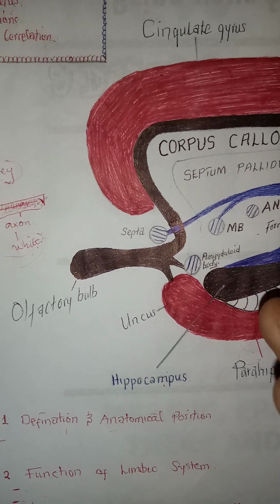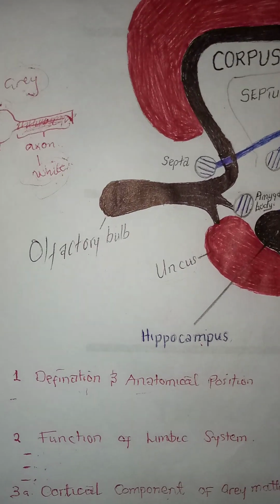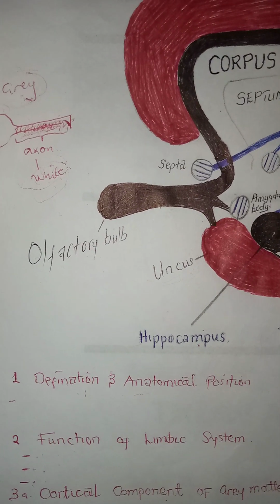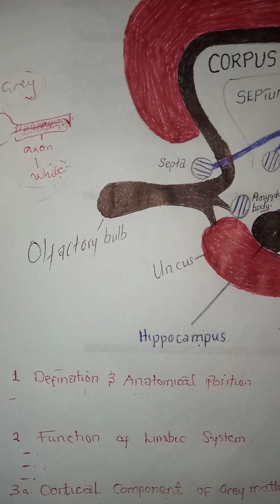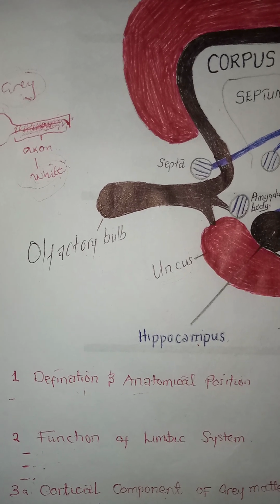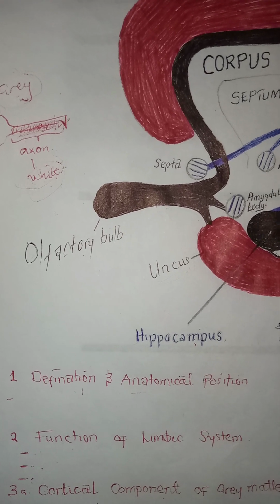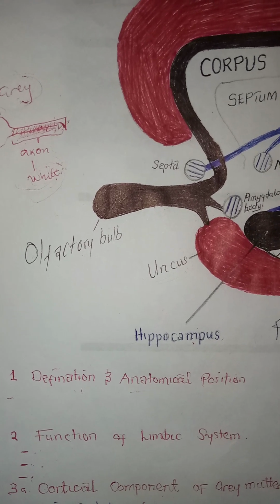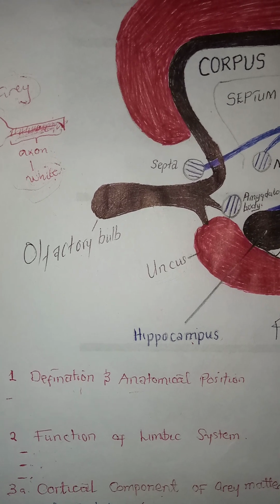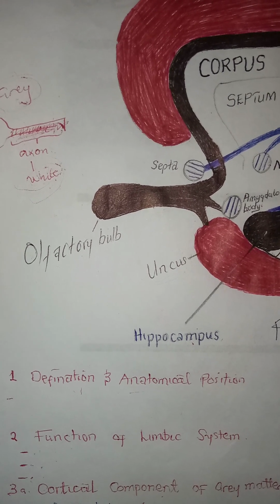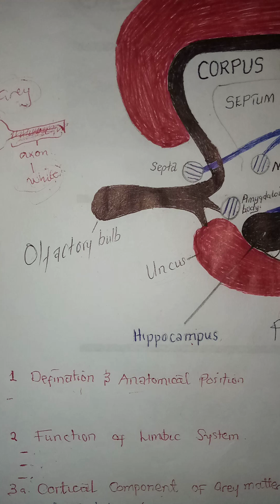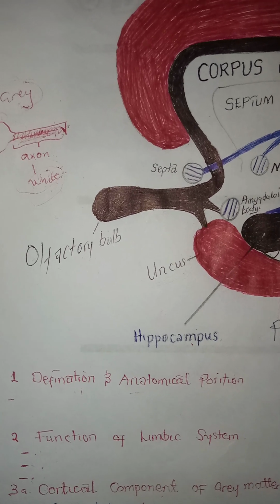Okay, so now let's move to the function of the limbic system. I'll talk about three main functions. The first function is that the limbic system is involved in the emotional aspect of behavior, in particular fear and anger, as well as sexual behavior.